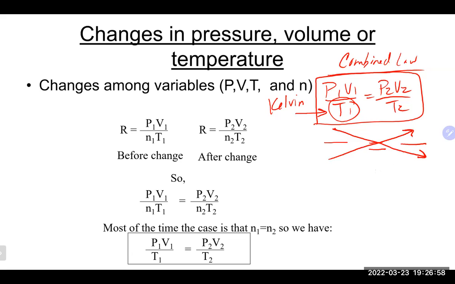If you're on the top right and you need to move it across, it ends up on the bottom. That's a quick way you can rearrange it. We're basically solving by multiplying and dividing, but if you just want to rearrange quickly, put it in the opposite location when you go across the equal sign, and you'll probably rearrange it correctly. Any questions on that?